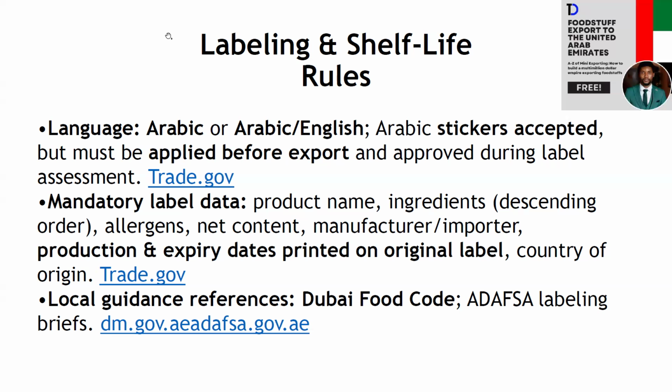So what data are you supposed to put on your label? What is the content of your label? What are we expecting you to put there? Product name is one, the name of the product. For some products, you might not know the English name.